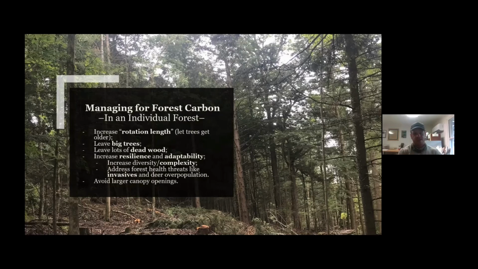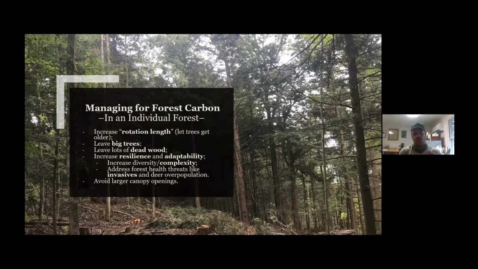We're leaving tons of dead wood on the forest floor, and trying to increase the resiliency and the adaptability of those systems. Again, recognizing that the sequestration and storage ability of a forest hinges on its ability to be resilient and adaptive.